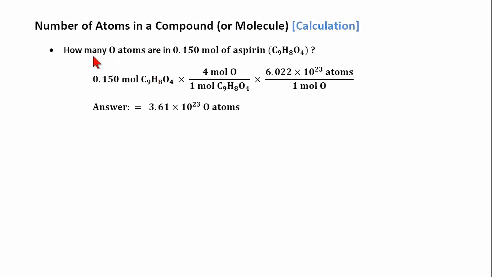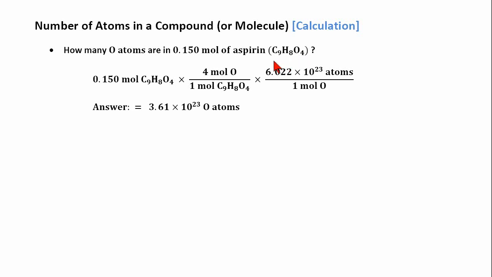So let's ask how many oxygen atoms are in 0.150 moles of aspirin. You have a mole of this substance. You know that within this substance, because of the formula, there are 4 moles of oxygen. That's what that subscript means.